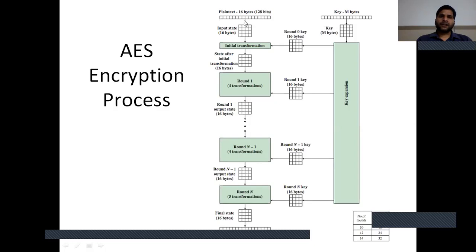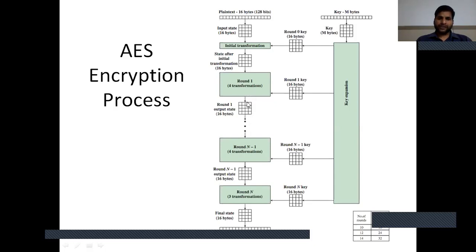After the initial transformation, we produce a 16-byte array that is the input to round 1. Then we apply the round 1 key of 16 bytes. After applying the key, round 1 produces a matrix, which is stored in the state matrix.